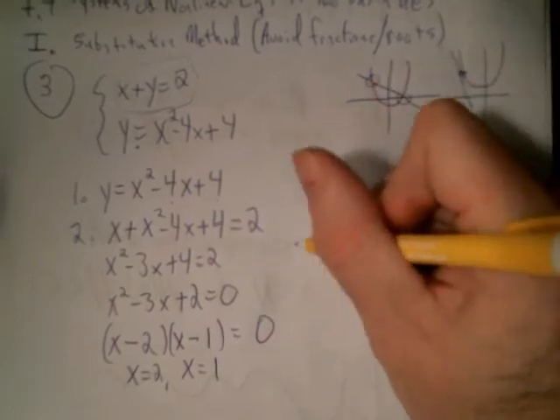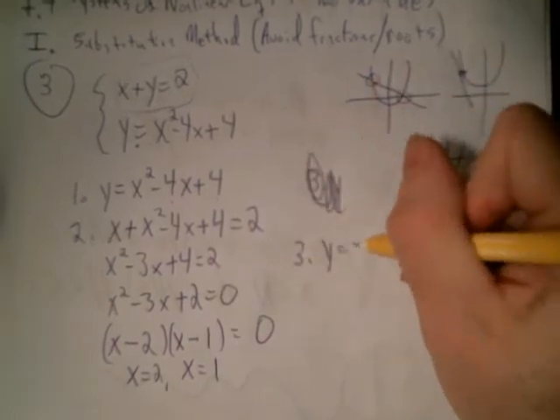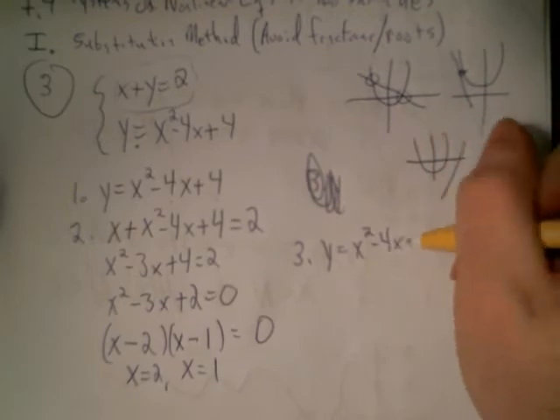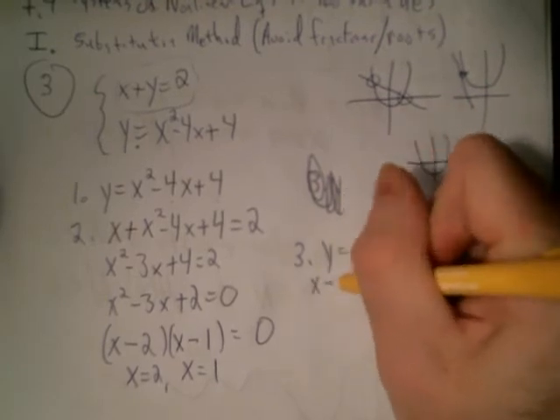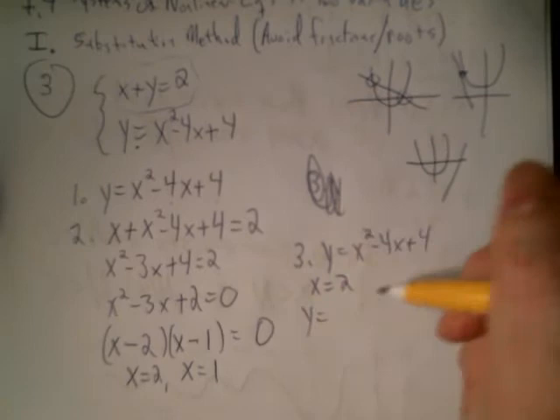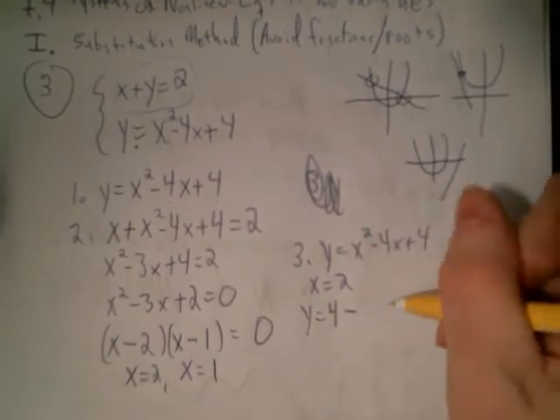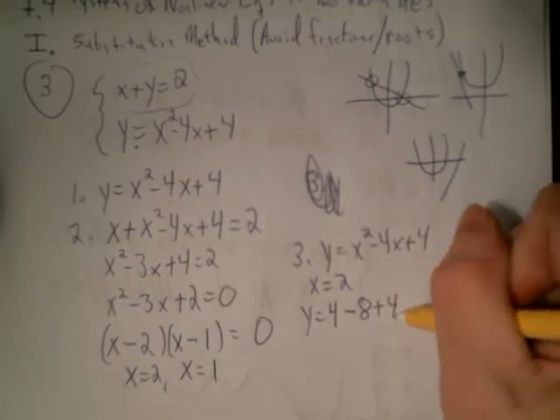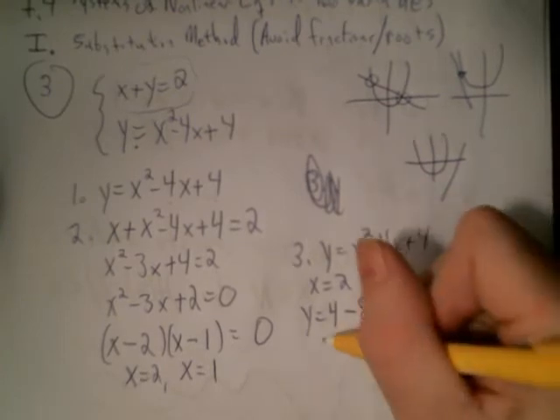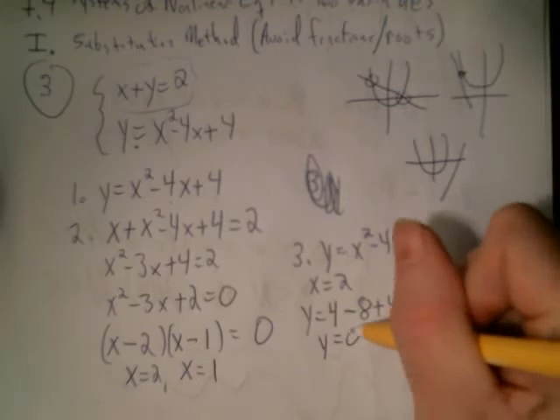Looks like I need a little more room. So step 3, y equals x squared minus 4x plus 4. I'll start with x is 2, so y will equal 2 squared is 4, minus 4 times 2 is 8, plus 4. 4 plus 4 is 8, minus 8 is 0, and so y is 0 when x is 2.